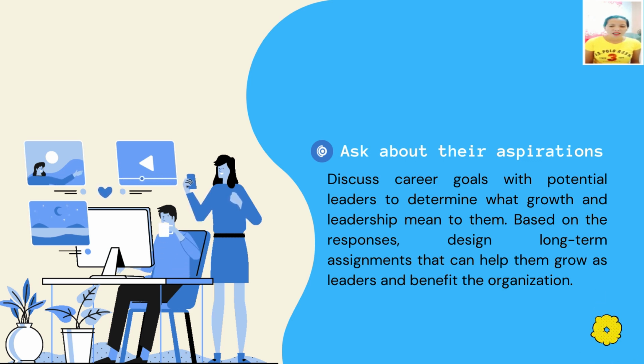For example, if someone's interested in a management position, you might ask them to get more involved in organizing an upcoming project for the department. Try to make the assignment challenging but achievable so that by the time they accomplish it, they've learned and implemented new leadership qualities.